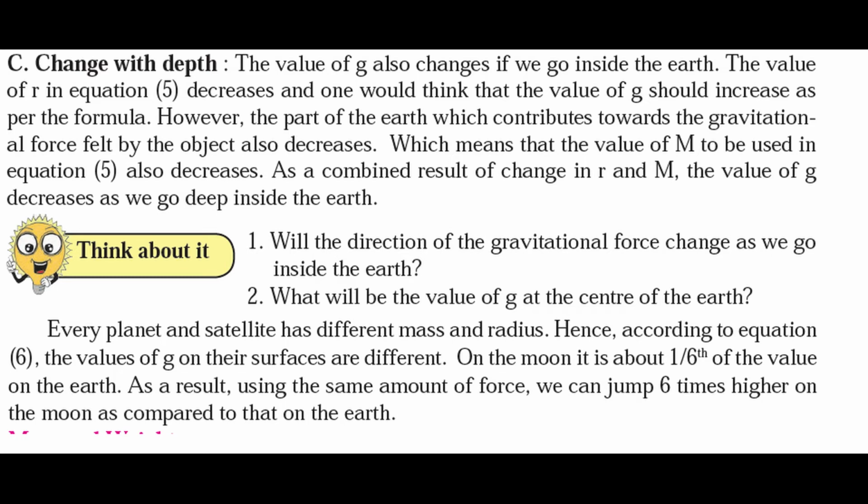However, the part of the Earth which contributes towards the gravitational force felt by the object also decreases, which means that the value of the mass capital M to be used in the equation also decreases. As a combined result of change in value of r, that is radius, and capital M, that is mass of the Earth, the value of g decreases as we go deep inside the Earth.